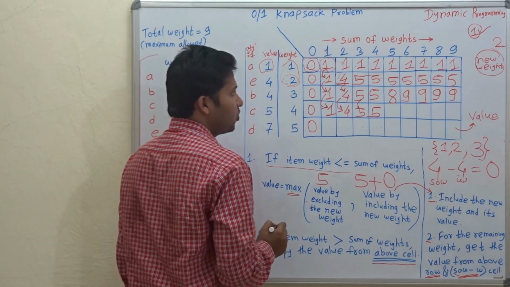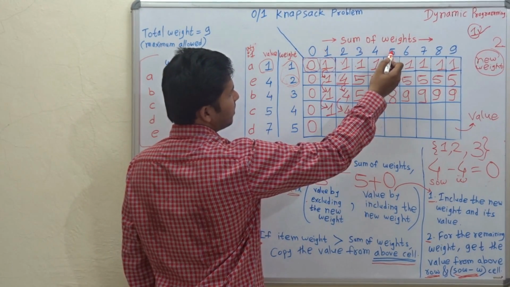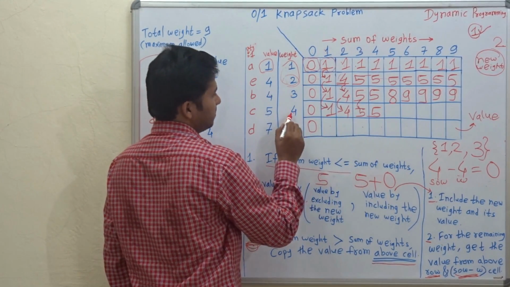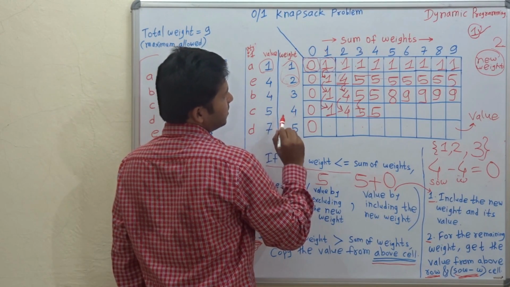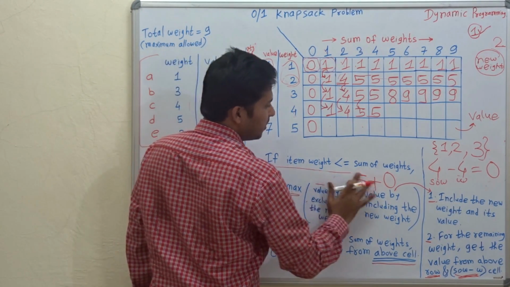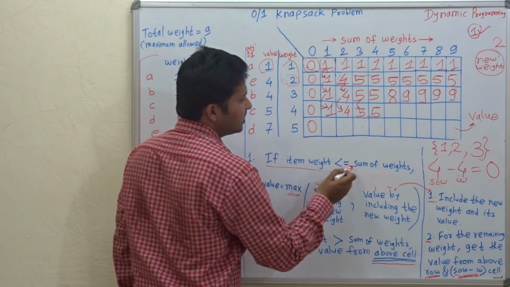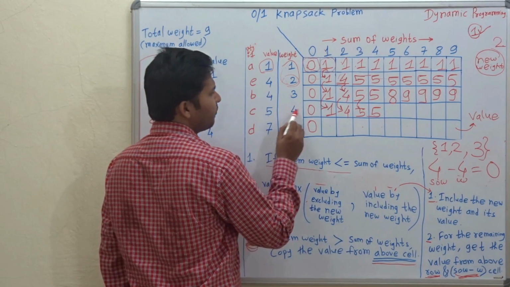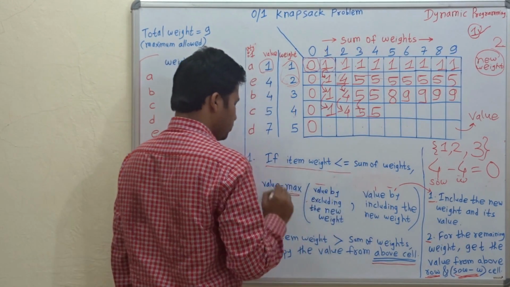Okay. Let's go ahead. If you have a sum of weight 5 and you are going to form it by using weight 4, you have to use the procedure because the item weight is less than or equal to the sum of weight, that is 4 is less than 5. So you have to use this procedure.